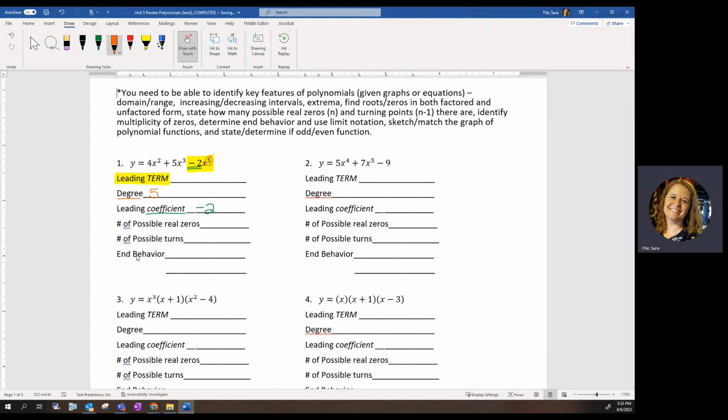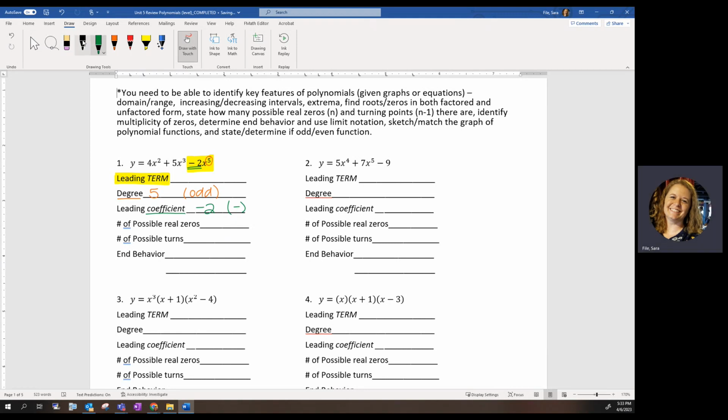Now, when we are getting our end behavior of polynomials, we want to know, is the degree even or odd? In this case, it's odd. And we want to know, is the leading coefficient positive or negative? In this case, it's negative.